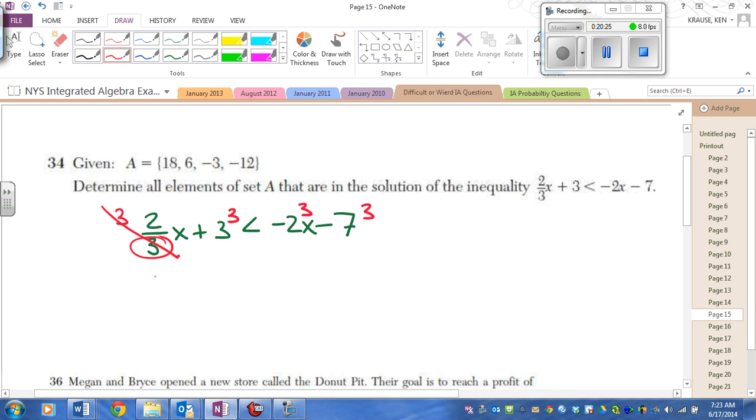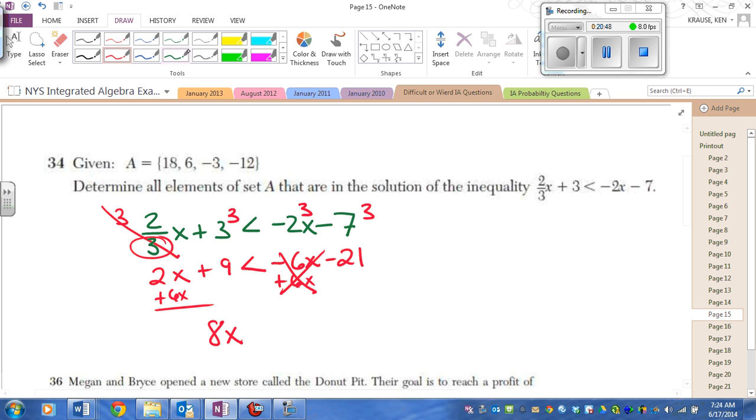These 3's cancel, which is why we're doing this. So we get 2x plus 9 less than negative 6x minus 21. Never want to have a negative x, so we add the 6x, add the 6x, and I get 8x on this side.